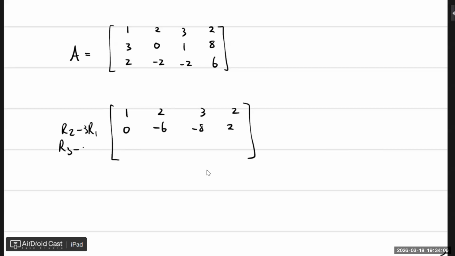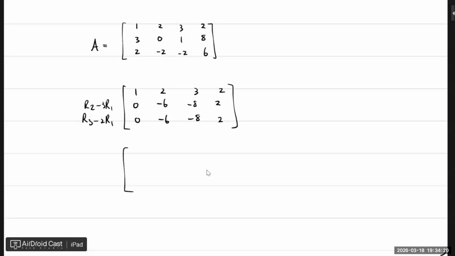Then row 3 minus twice row 1: 0, -6, and then -2 minus 6 is -8, and then 2. We can see those are the same. So we have 1, 2, 3, 2. And if I divide this by perhaps -2, I will have 0, 3, 4, -1, and 0, 0, 0, 0 if I subtract those from one another.